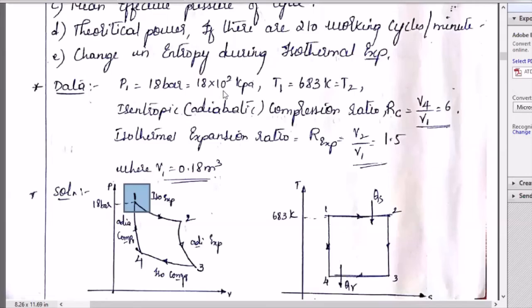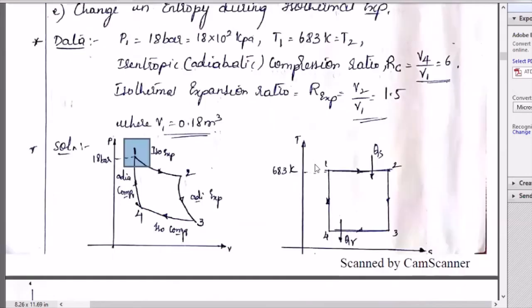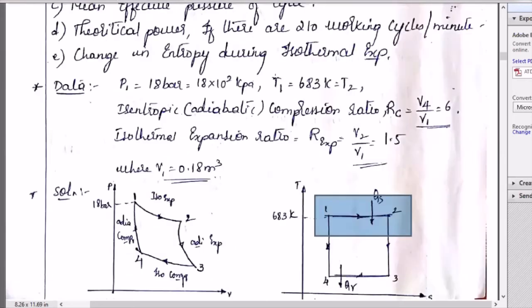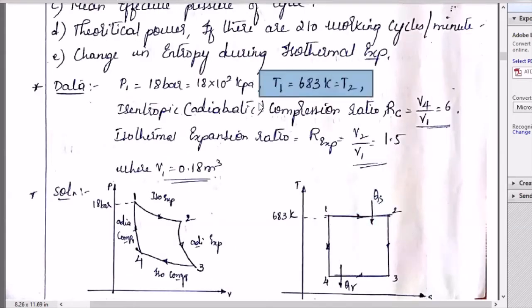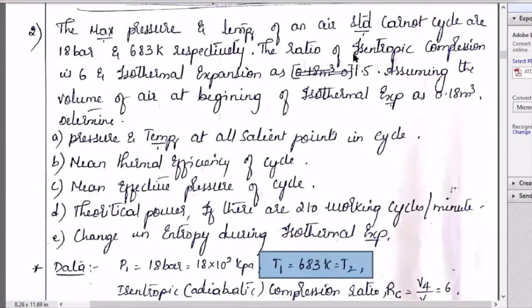Now for maximum temperature, coming to the TS diagram, 1 and 2 are equal, so T1 and T2 are the maximum temperature. Therefore I write here T1 and T2 are 683 Kelvin. Now after taking down these two values, the ratio of isentropic compression is 6 and isothermal expansion is 1.5.